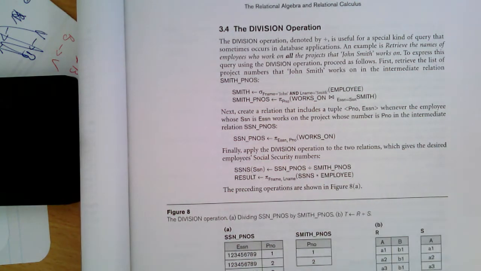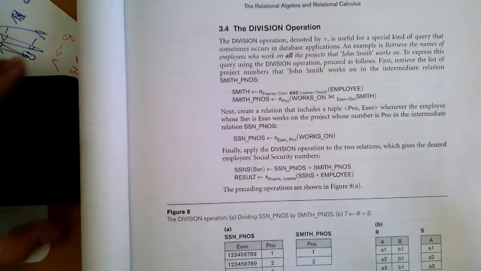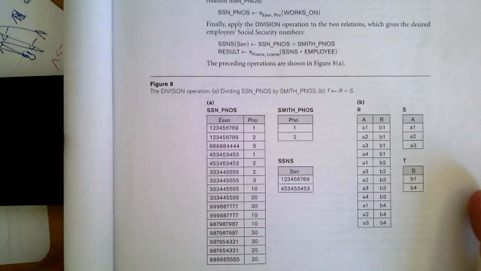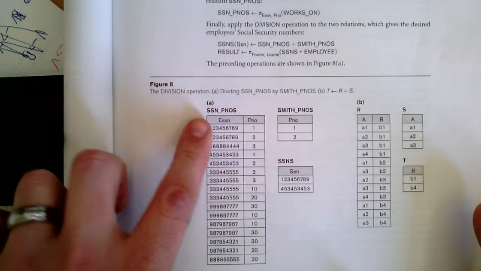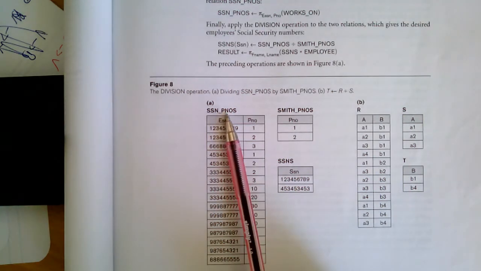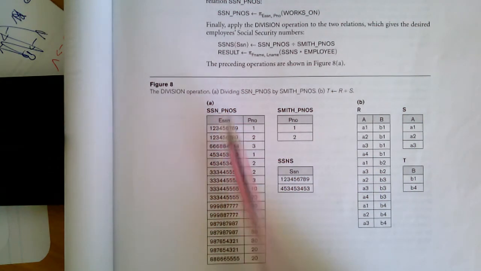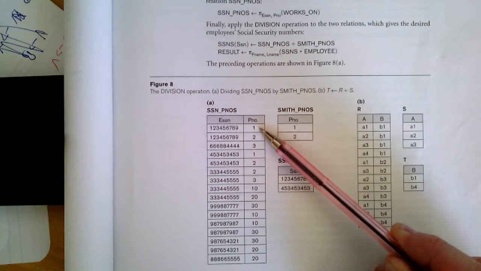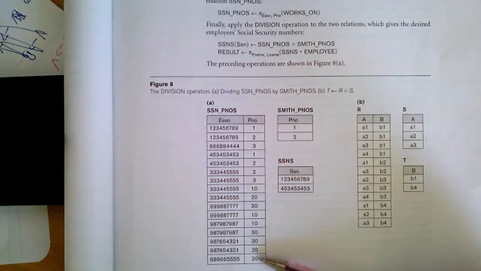If we look at the example down here, we can see both of those. We have the result from our SSN underscore PNOS table, which is our intermediate result, and it contains the employee SSN, the serial numbers, and the project number that they're working on.